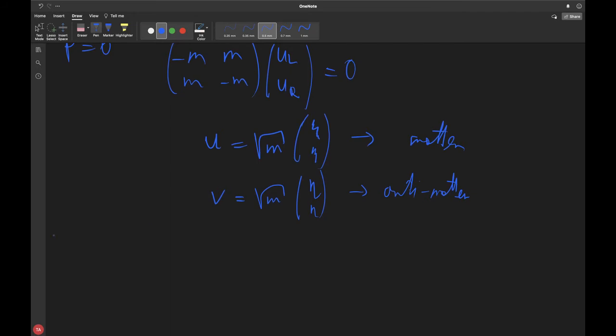So these xi and eta are spinors, and as the name suggests, these are connected to the spin.